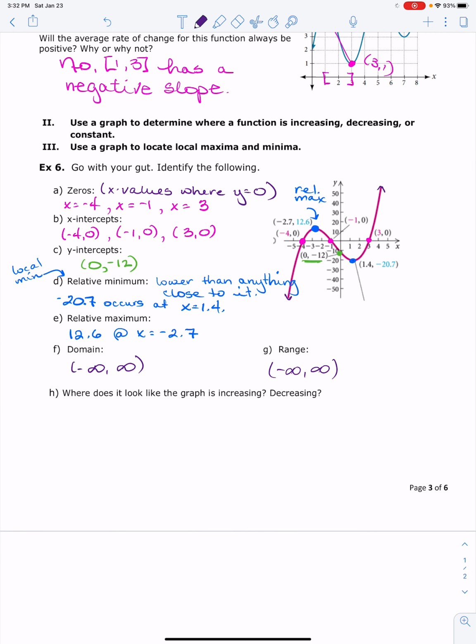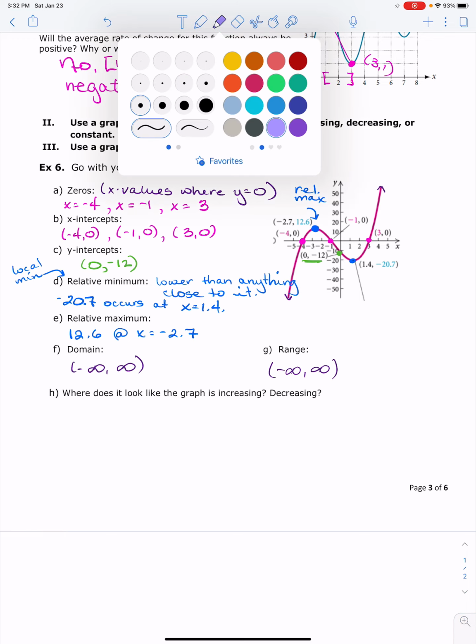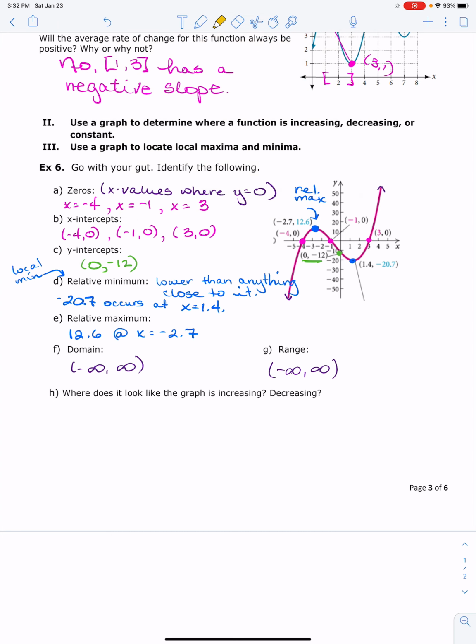So H, where does it look like the graph is increasing? Again, we're going to go with the gut. A graph is increasing if, as we read from left to right, it's going up. So our y values are getting bigger. So here our graph is increasing. Let's see if we can color coordinate.